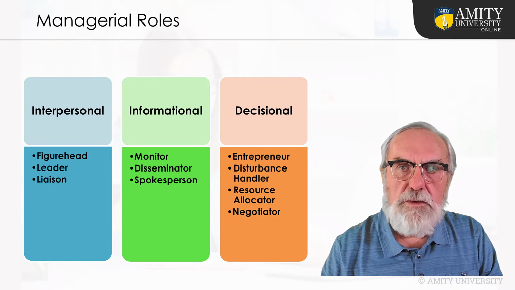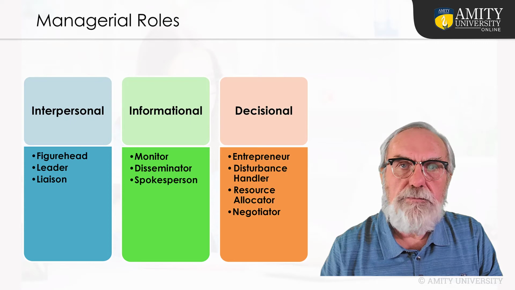A resource allocator determines who should receive the valuable resources and who should have access to the manager's time. A negotiator represents the organization in a negotiation setting, such as collective bargaining for a union contract or developing an agreement with a consultant.